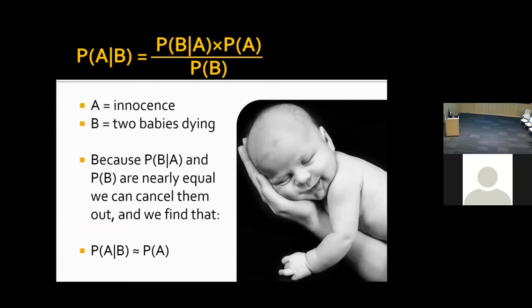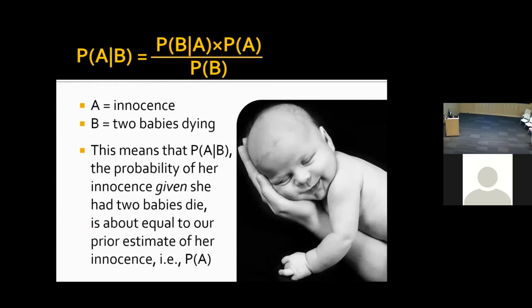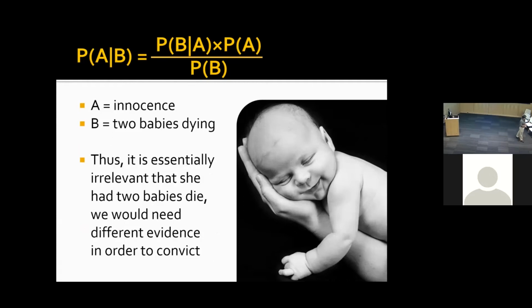And so if we do that, we find that the probability of A given B is approximately the probability of A, which means that the probability of her innocence given she had 2 babies die is about equal to our prior estimate of her innocence. In other words, we need more information. We haven't learned anything by the fact that she had 2 babies die. It's essentially irrelevant. We would need other evidence in order to convict her.